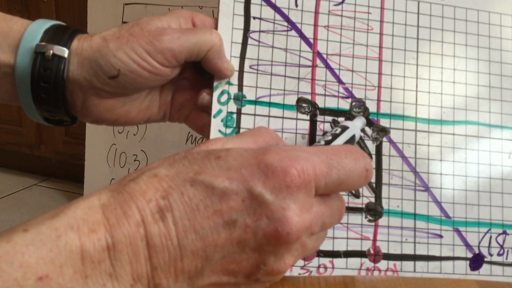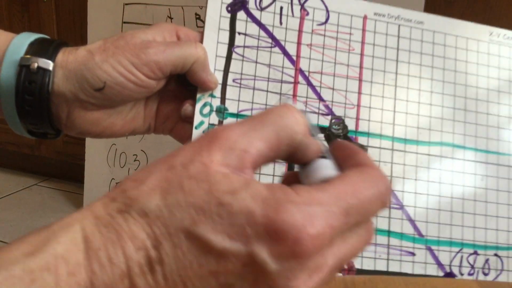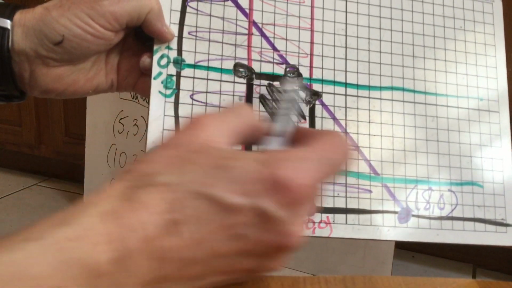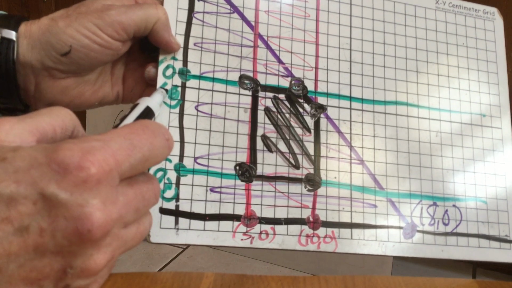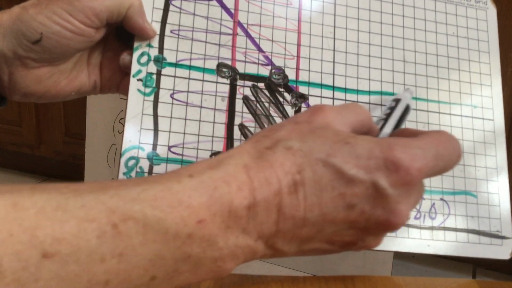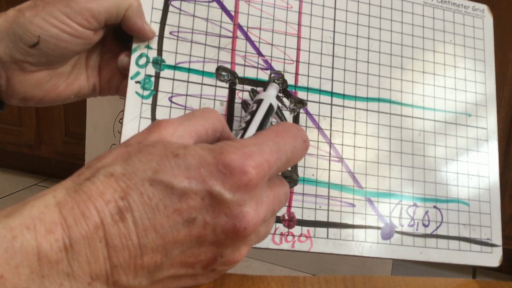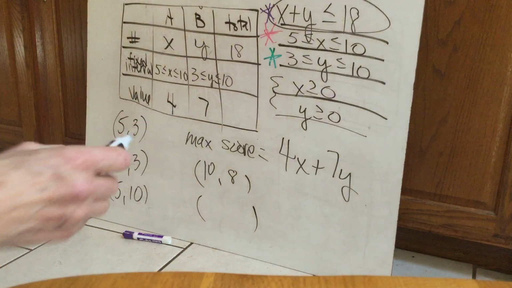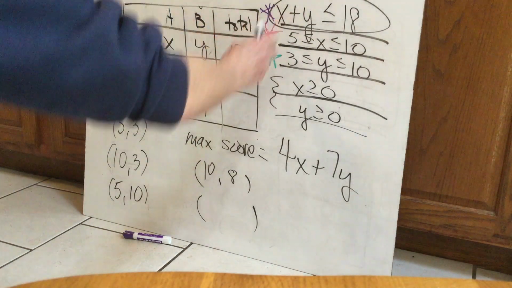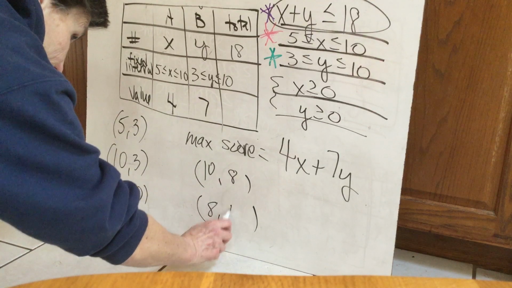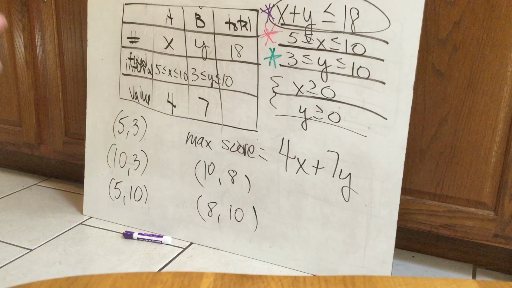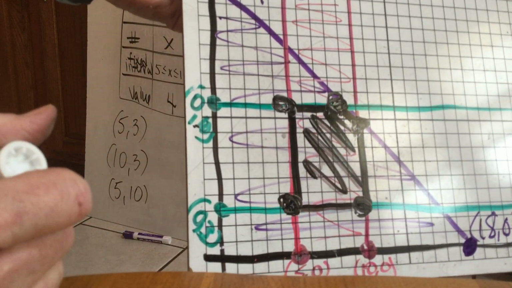Right here, this point. Now, what do I know about this point? Look, he's on this green bar. So that means that his y is 10. That point has a y of 10. Well, if his y is 10, then his x has to be 8. So again, these points right here are both on the purple line.